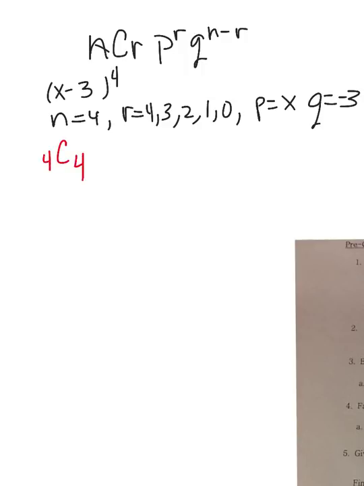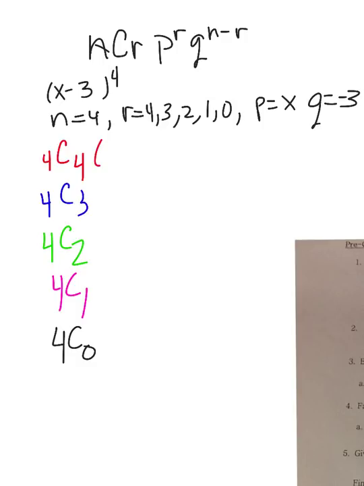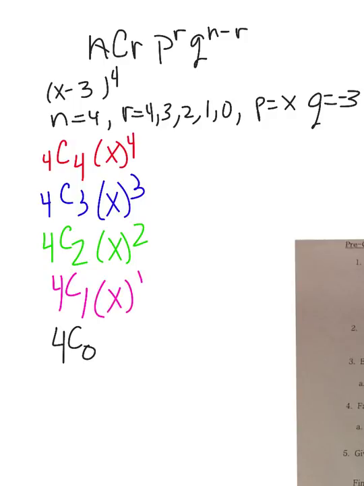Alright, so we're going to start with 4C4. And then it'll be 4C3. 4C2, 4C1, and then you have to go all the way down to 4C0. Alright, and then it's P. P is x, so it's going to be x to the 4th, and then it'll be x to the 3rd, x to the 2nd, x to the 1st, x to the 0.